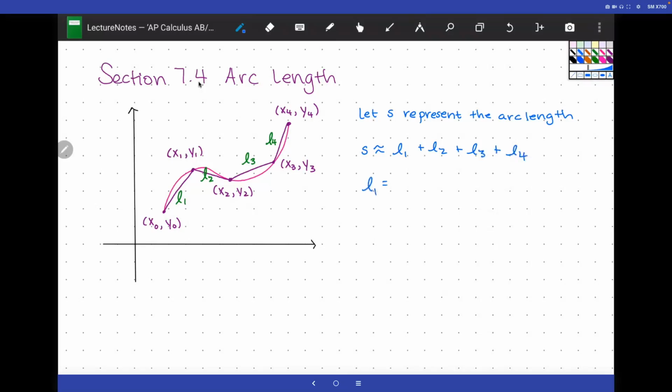So the first line segment, L1, would be the square root of x1 minus x0 squared plus y1 minus y0 squared. And remember, all of that is in a big old square root.